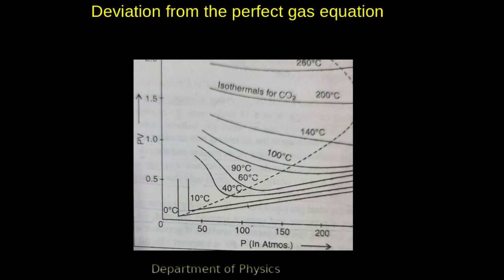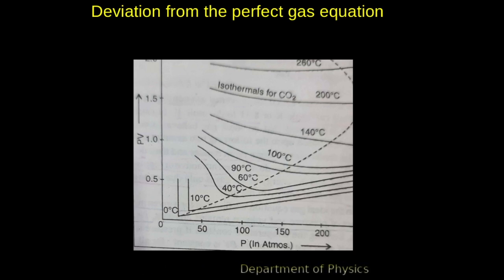For hydrogen, it was observed that the value of PV decreases with increase in P when the temperatures are below minus 175 degrees centigrade.